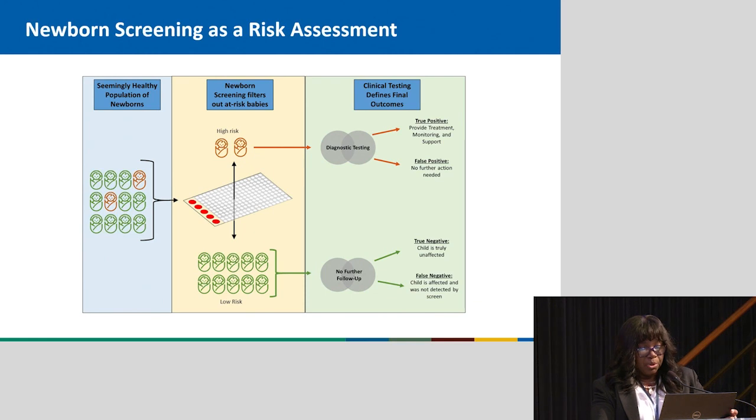So high-risk newborns go on to have orthogonal diagnostic testing to determine if the screening results were a true or false positive for the target disease. With screening, of course, we can't forget those that are deemed to be low risk. While the vast majority of these are actually truly unaffected, there does exist some real possibility that an affected child is actually missed by the screen.